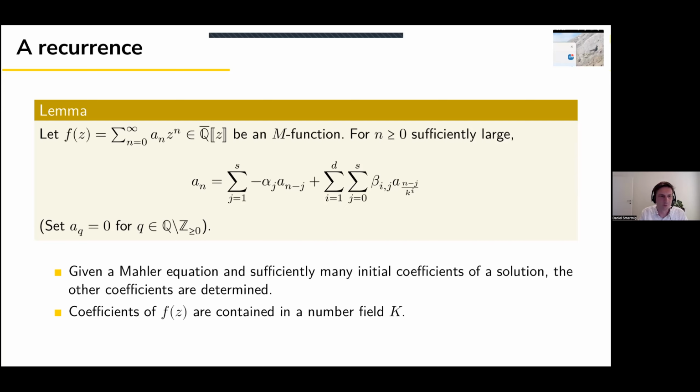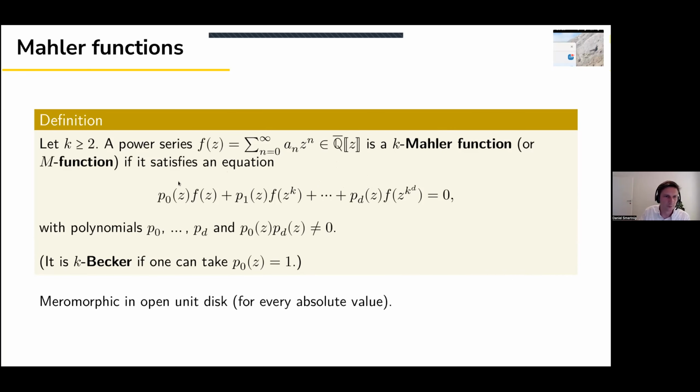And what is S here? I didn't specify that. That's the degree of P0, but actually one should first reduce to a particular kind where P0 does not have 0 as a root. In this equation, one can always reduce to P0 at 0 not equal to 0, but one might lose some initial coefficients.